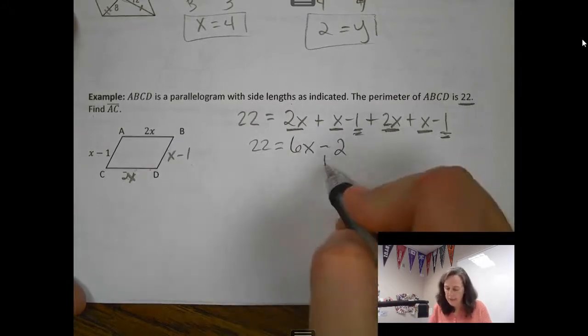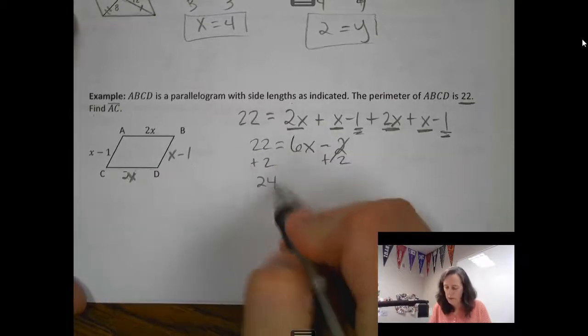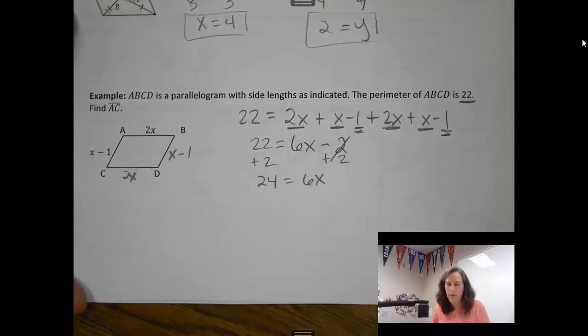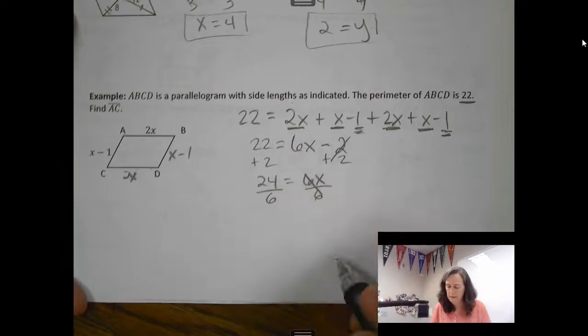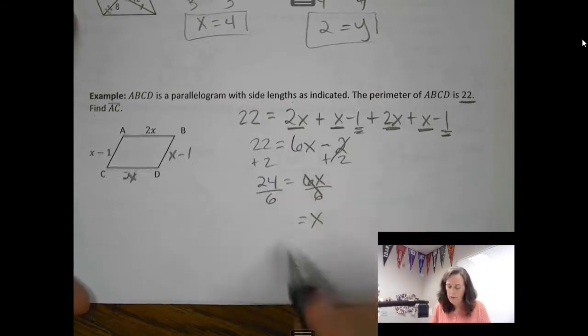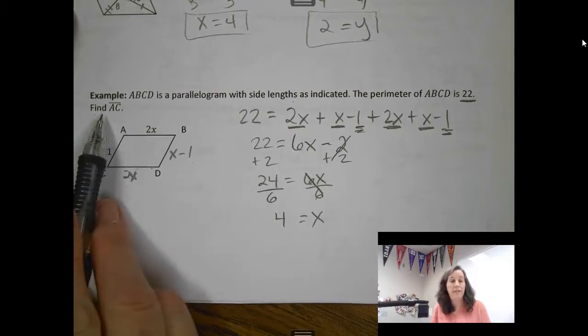We're solving for x, so we need to move our 2 to the other side, 24. And 6x is multiplied by 6, so we'll divide by 6. X equals 4. Okay. That's good, except that this is what we needed to find.